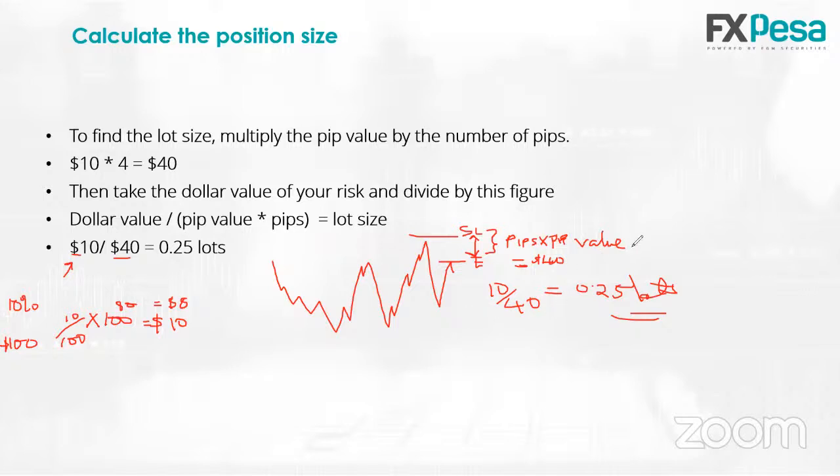But of course, when you multiply, you have to take the pip value of one standard lot for that given instrument. So if it is EUR/USD, you have to know the pip value of one standard lot of EUR/USD.